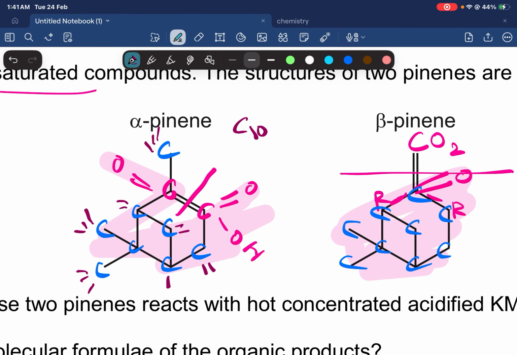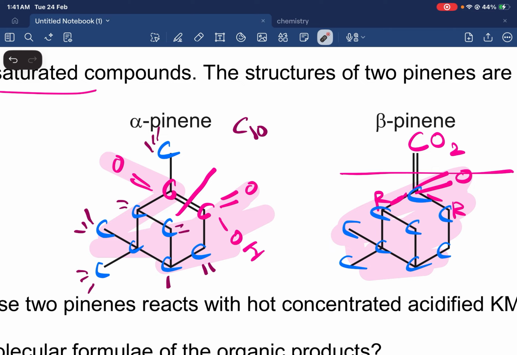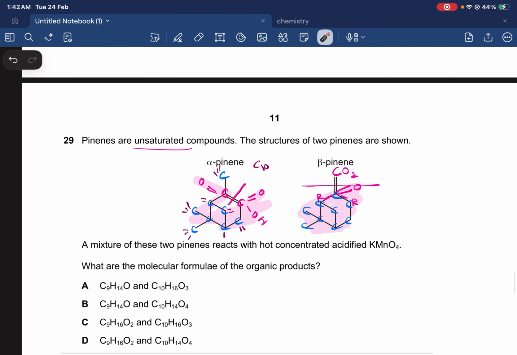C10. Time for oxygens. 1, 2, 3 oxygens. C10O3.